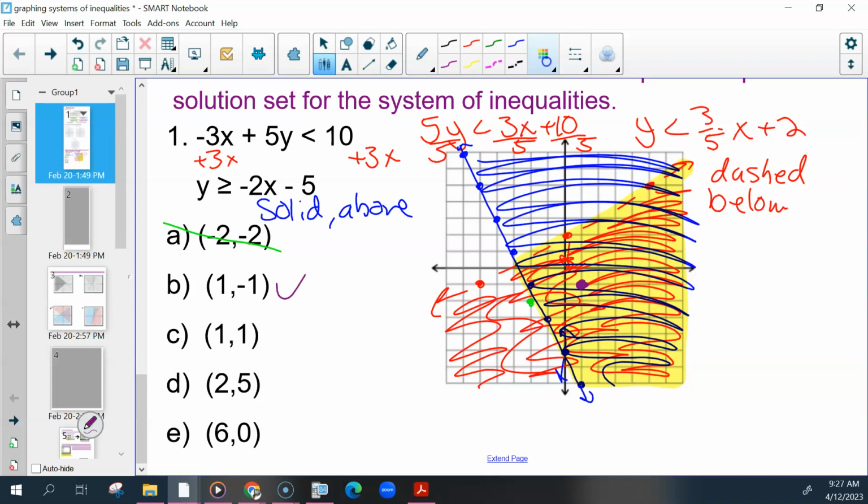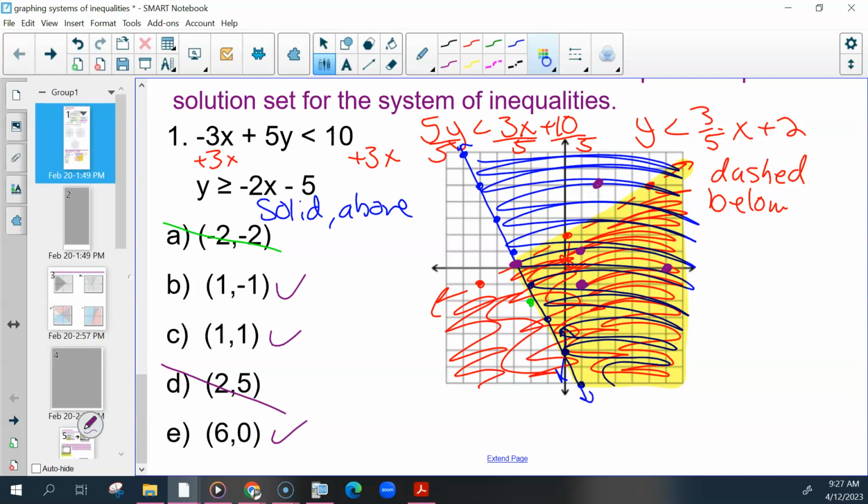Yes, it falls in the shaded area. 1, 1. Yes. 2, 5. Would that one? No. And 6, 0. Would that one?